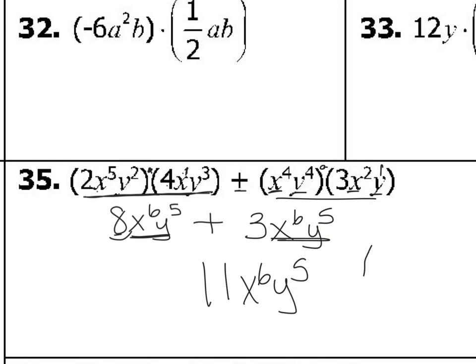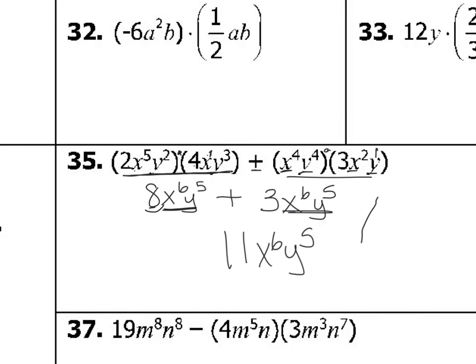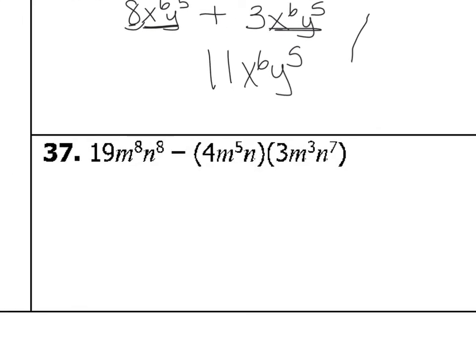Oh, let's see. Let's try this one. All right, so we multiply first before adding and subtracting. So let's just bring this down. And then 12 times 12. 4 times 3 is 12. And then the m's, 5 plus 3 is 8.